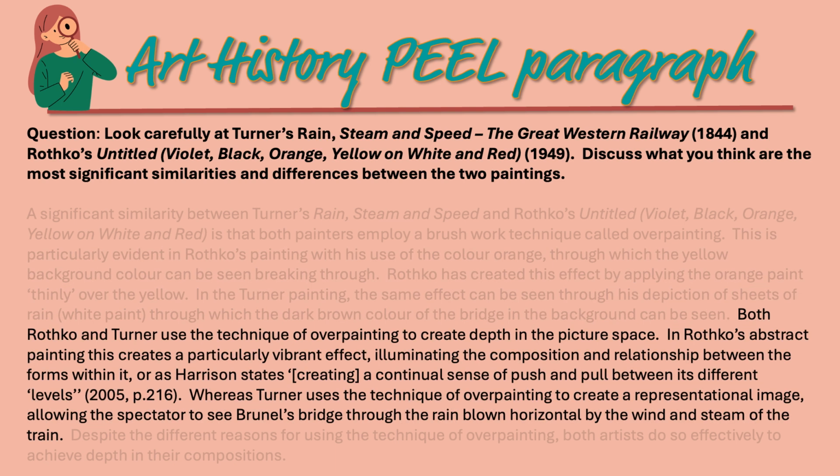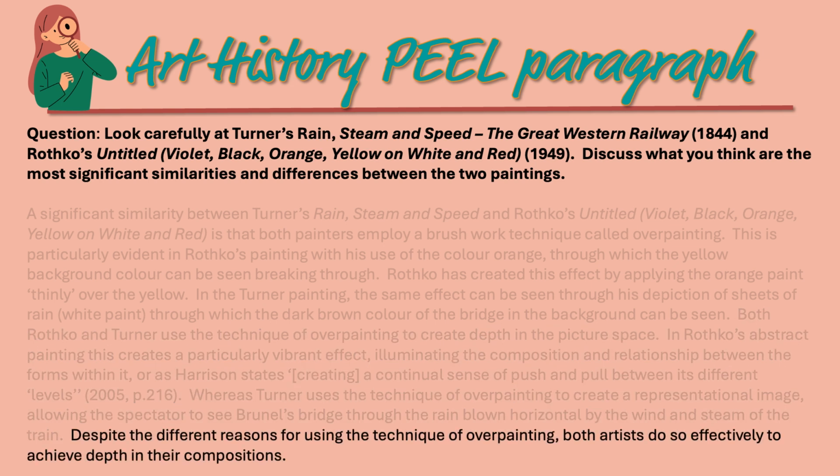An explanation follows which demonstrates how the evidence links to the point and notes similarities between the two artists using this technique, but also makes a distinction, how the technique is used for representation or abstraction. Finally, a link reminds the reader of how this paragraph relates back to the question, and as with the English literature paragraph, observes the impact of the artists using this technique to achieve depth in their compositions.